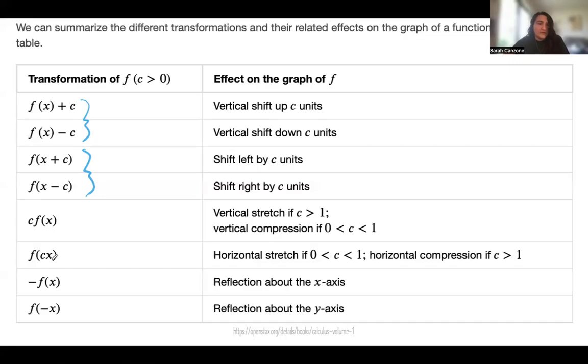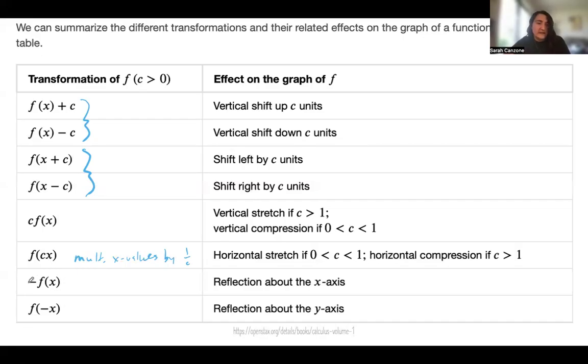So what you're actually going to be doing if you see c times x is you are going to be multiplying your x values by 1 over c. And so if you want to think about the opposite of multiplication being division, you're dividing by c.